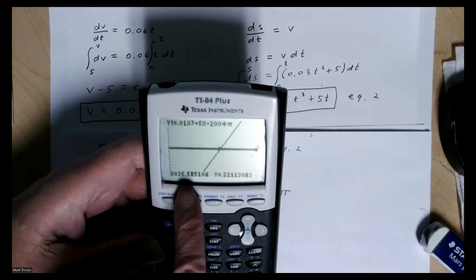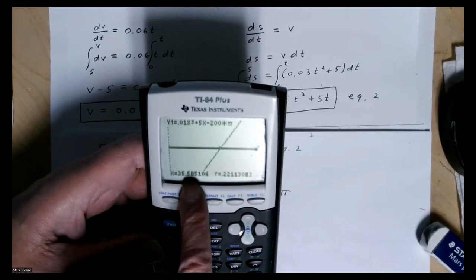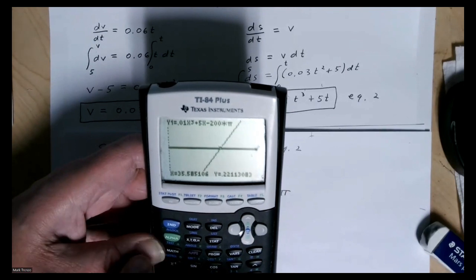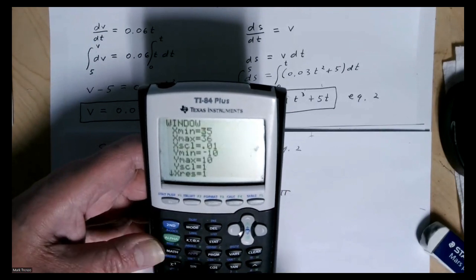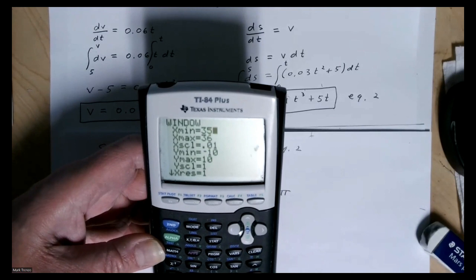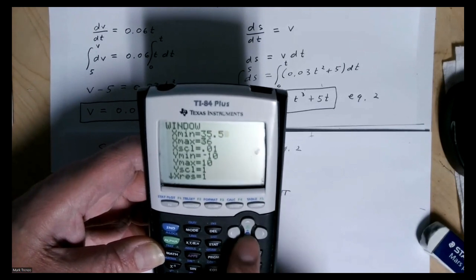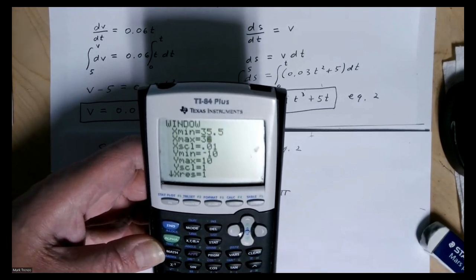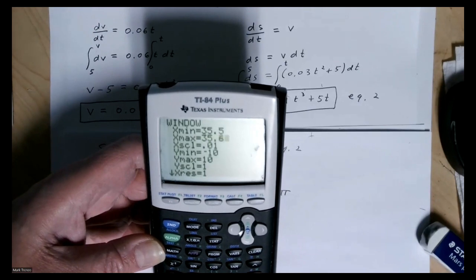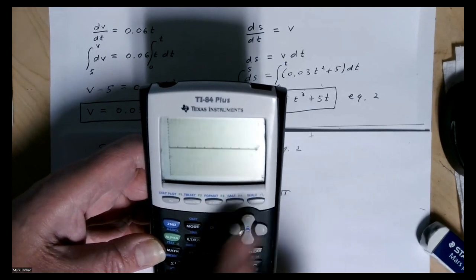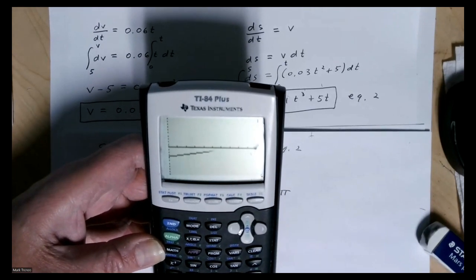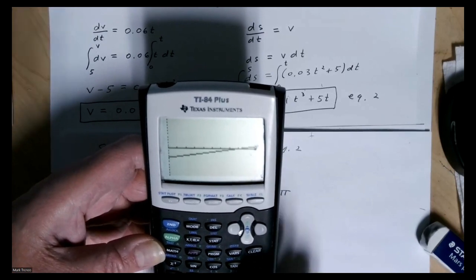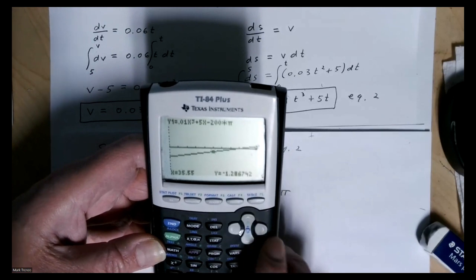If you wanted to, you could close in on it more. Let me go 35.5 to 35.6 and see what happens. You don't usually have to get this accurate, but if you need to, then we can see where it's crossing a little bit better. Let me put the trace on again.